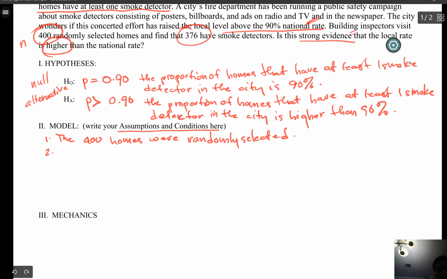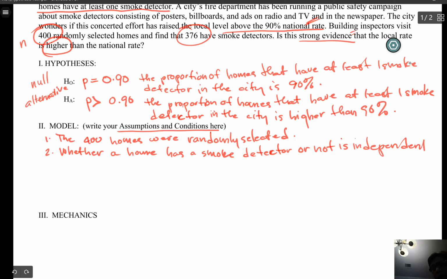Number 2 would be the independence. Whether a home has a smoke detector or not is independent of each other.